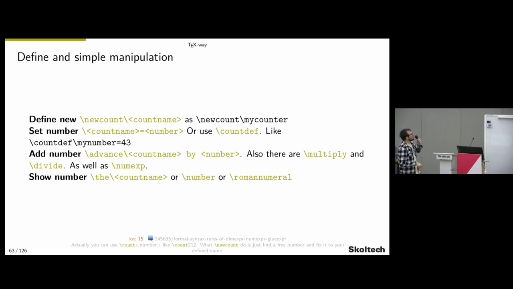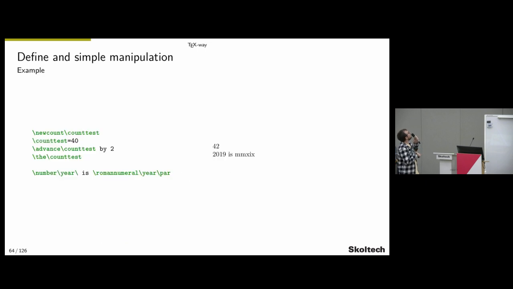You see the difference in TeX is that you have this equal sign and nothing more. So new count, you can use something like this. You can advance a counter by a number. You can multiply it. You can divide it. You can manipulate it however you want. This is the TeX syntax. So new count test, and you can make it first 42. Then you can multiply it, advance 2, multiply by whatever you want, and see the result.